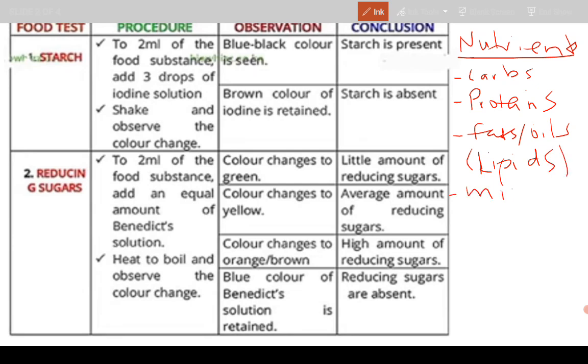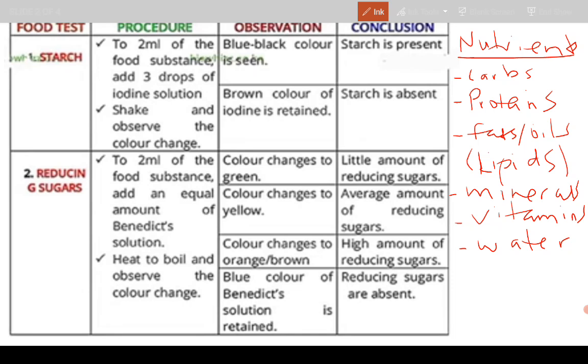Minerals, vitamins, as well as water. All these are called food nutrients. They are the components which we benefit from eating different foods. Each food nutrient has a role to play in our bodies.